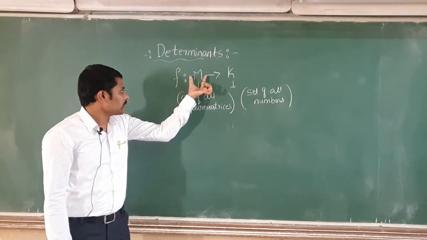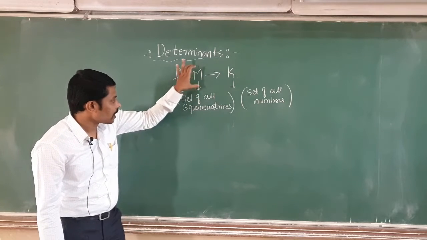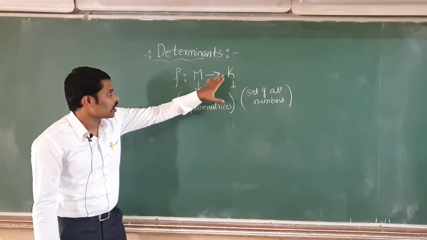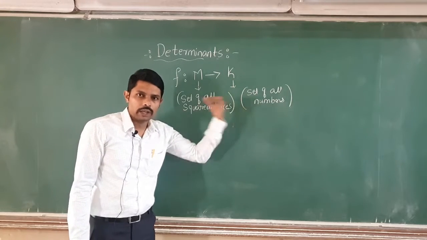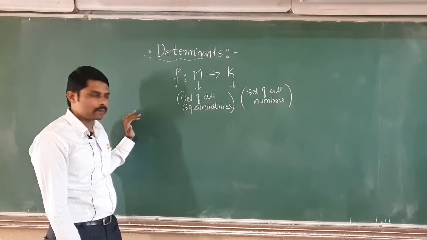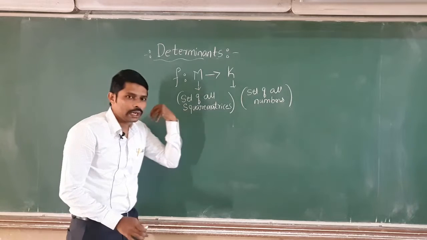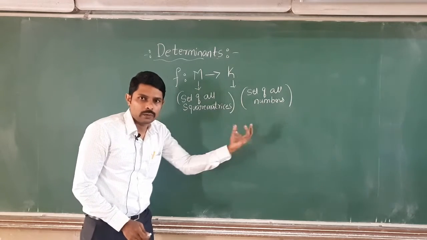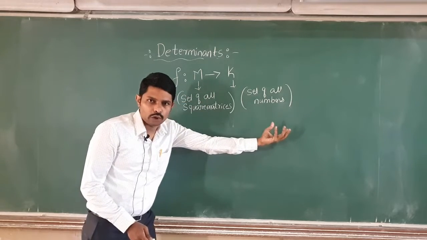M is the set of all square matrices, means the input value is always a square matrix, then for the output value we will get some value, that is K. So, this is another definition of the determinant. Remember, function means for every input we will get a unique output.